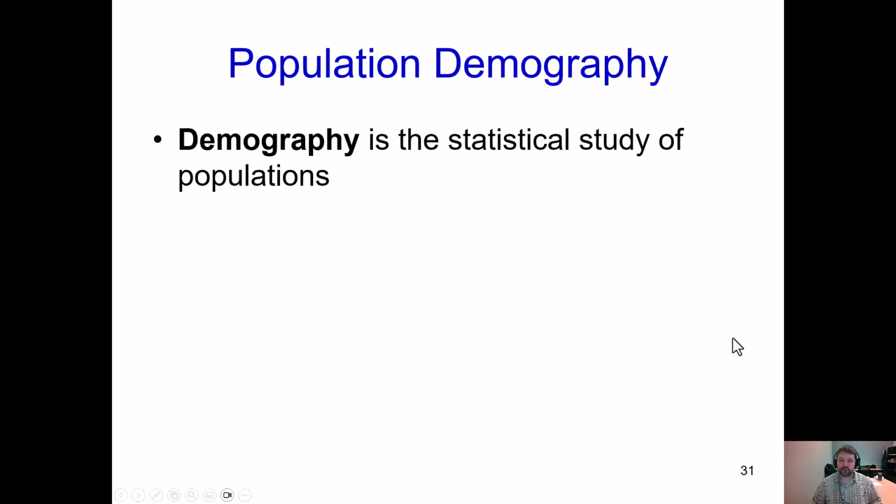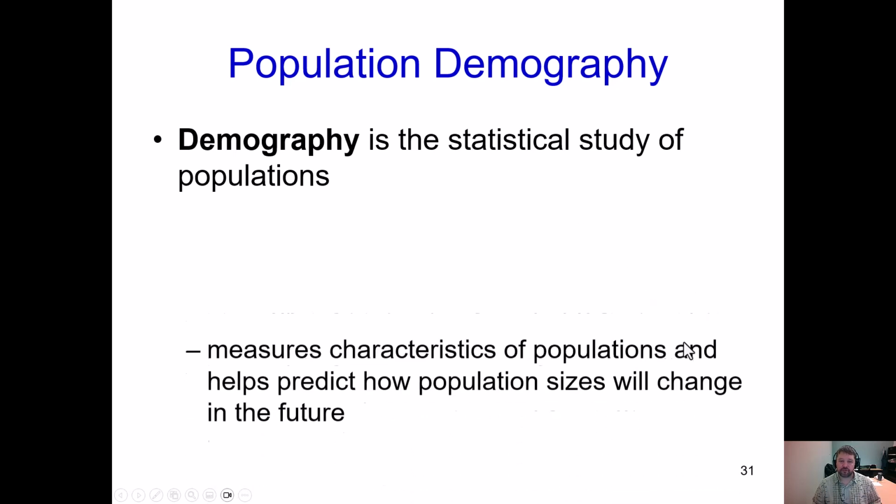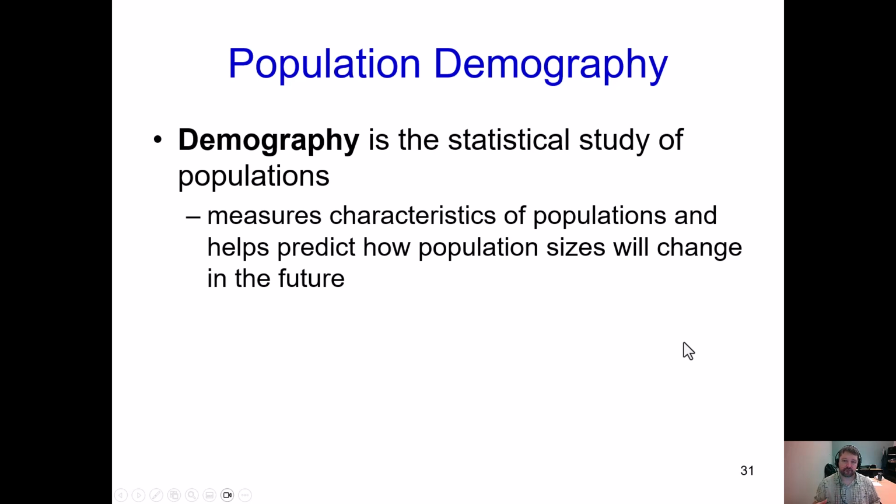Okay, so to get into it, demography is the statistical study of populations and measuring characteristics of populations, like how populations will change in the future. So this can be important for lots of things, especially when we're talking about environmental science and the effects of humans on the environment or on different species.